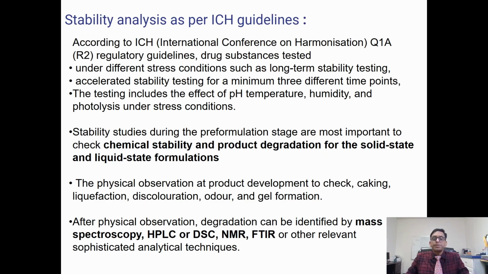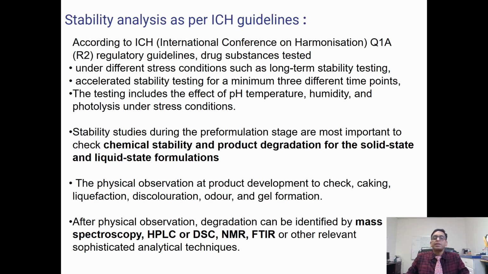The physical observation is to check how it changes in color, discoloration or odor, or the formation of liquefaction or a cake, which has to be determined physically in the stability study during the sampling stage.